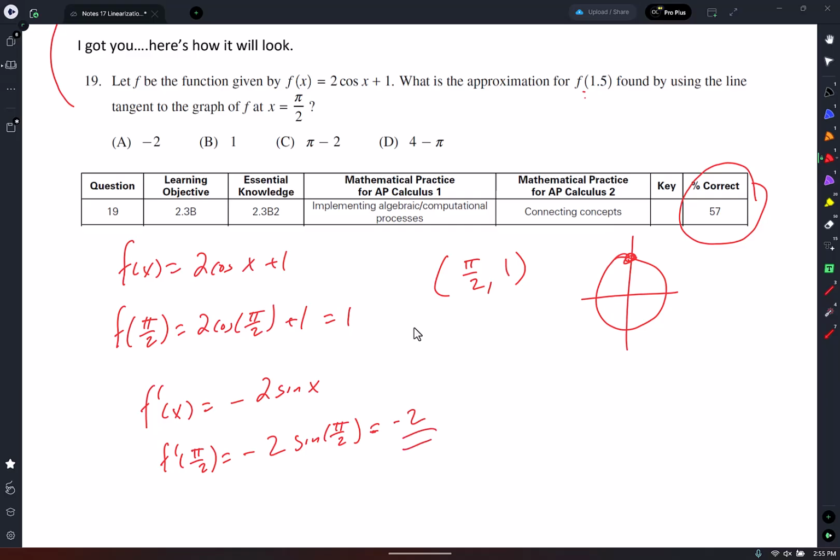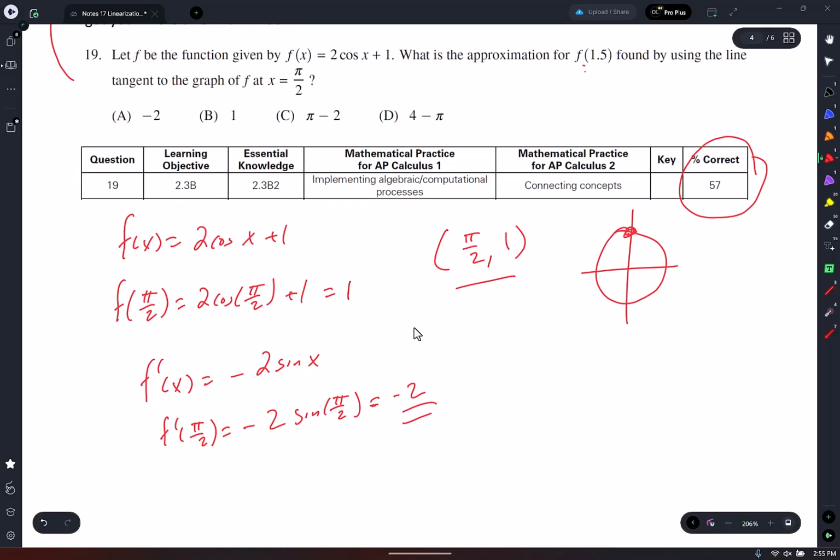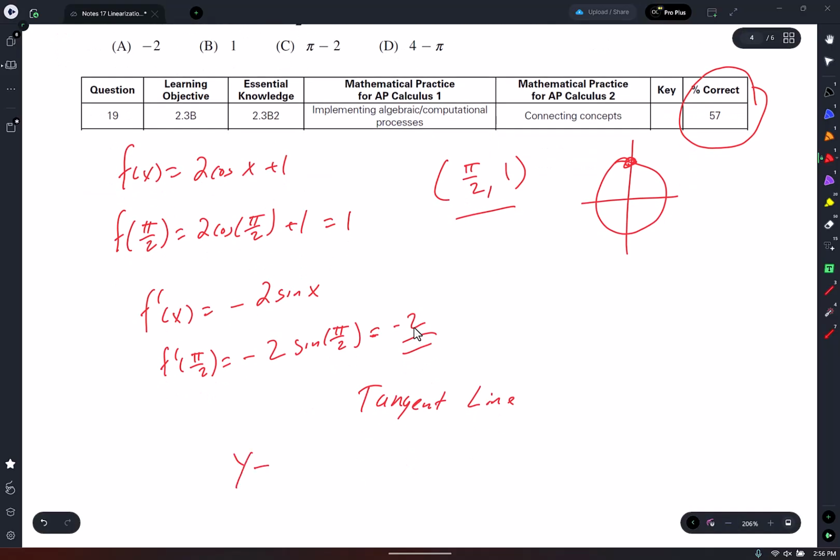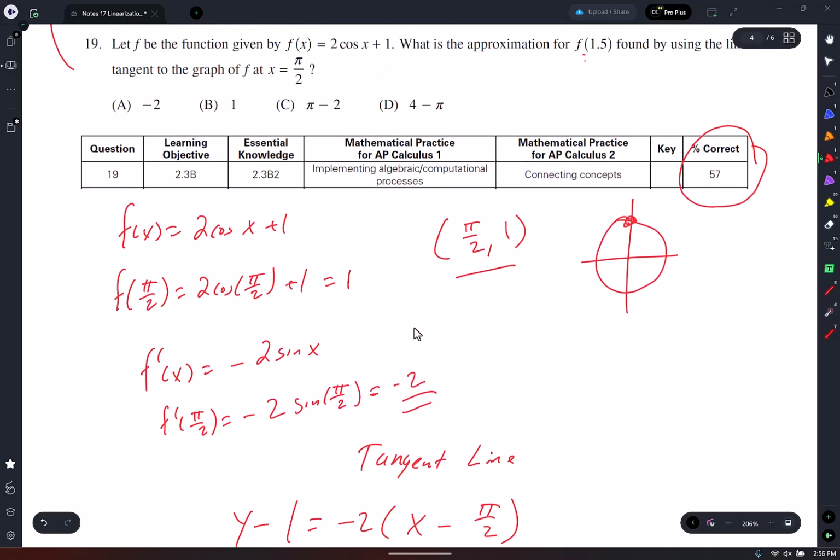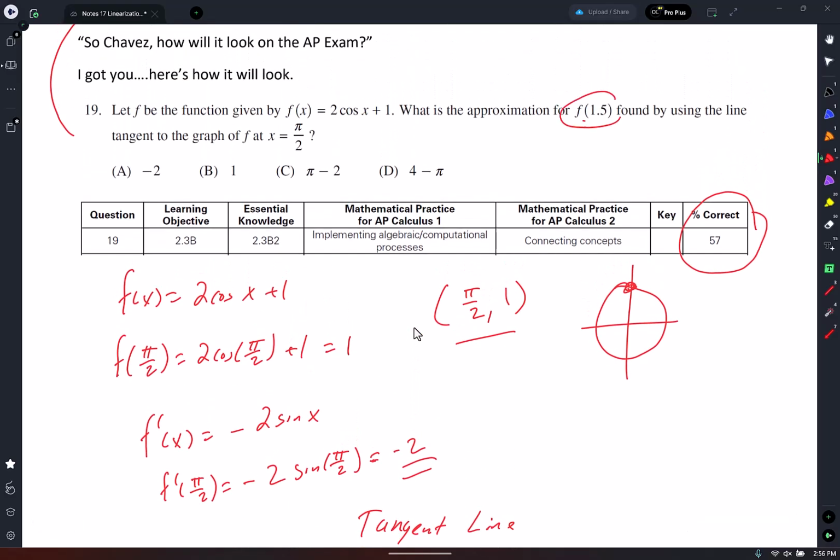So I got my slope and I got my point. Tangent line: y minus 1 equals negative 2 times x minus pi over 2. This is the tangent line that I'm going to use to approximate f of 1.5.